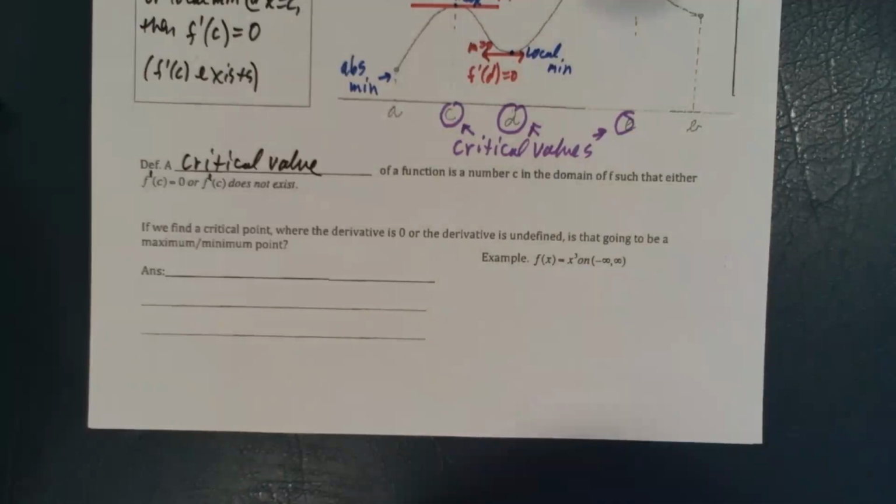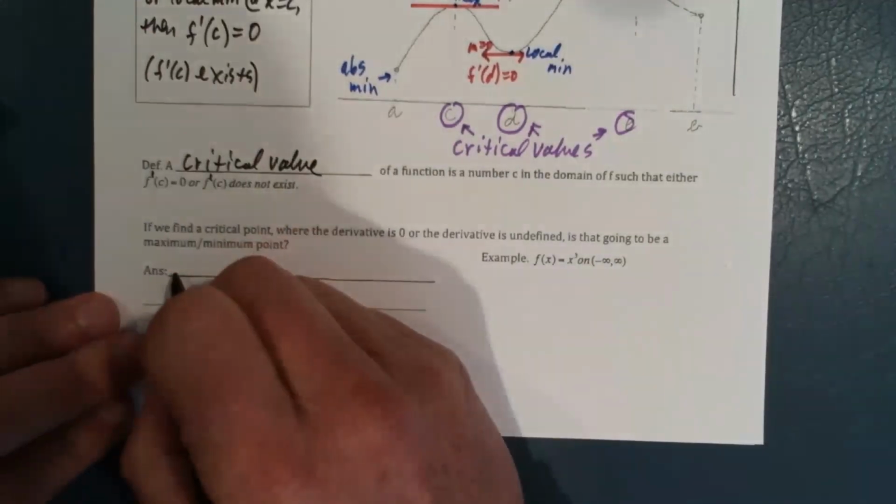All right. If we find a critical point where the derivative is 0 or the derivative is undefined, is that going to be a minimum or maximum point? The answer is no. Not necessarily. It could be.